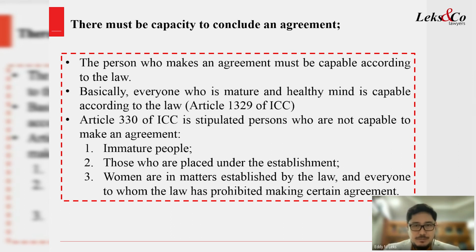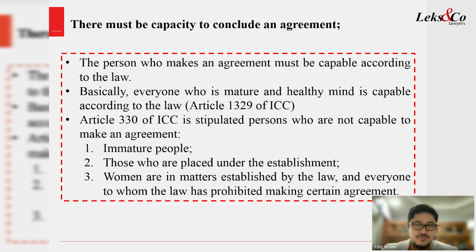The person who makes an agreement must be capable according to the law. Basically, everyone who is mature and healthy of mind is capable according to the law. Setiap orang adalah cakap untuk membuat perikatan jika ia oleh undang-undang tidak dinyatakan tak cakap.